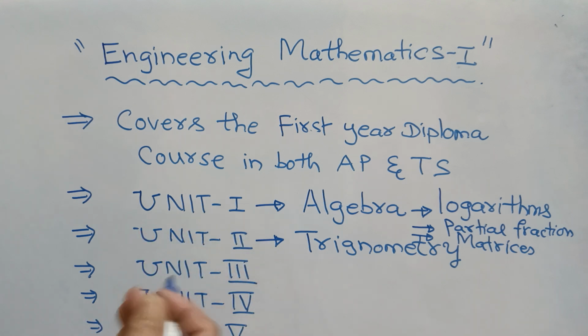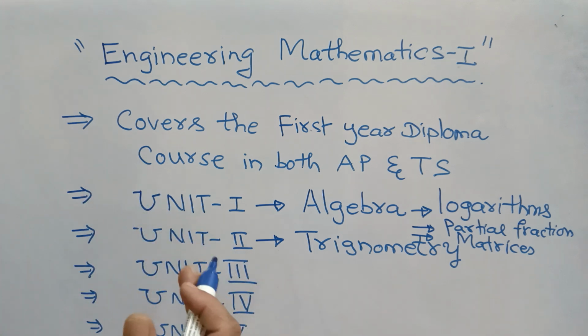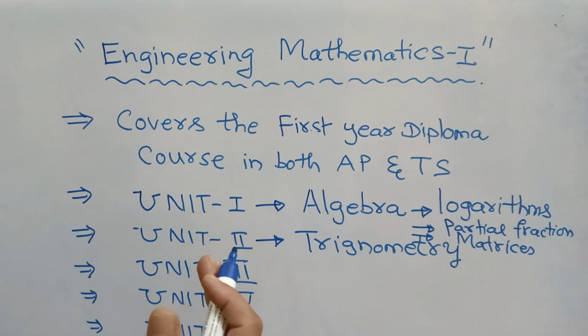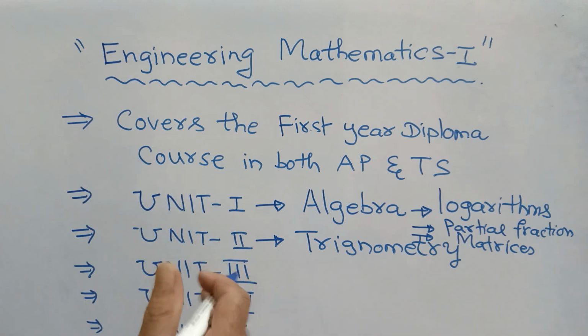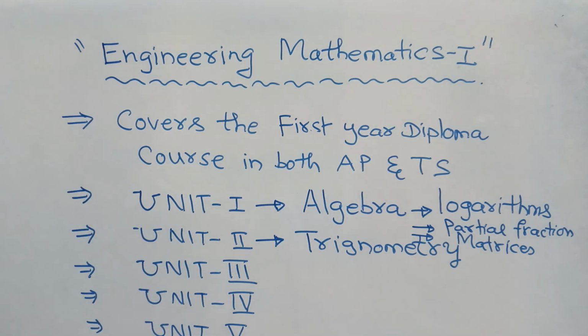I will explain in detail what a proper partial fraction and an improper partial fraction is in our subsequent presentations. If you follow these modules, you will definitely enjoy this subject and understand its depth. And thirdly, the matrices.